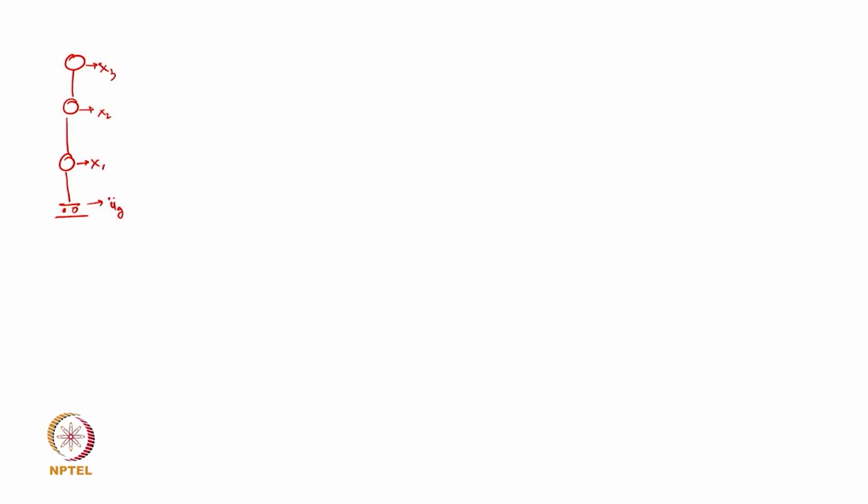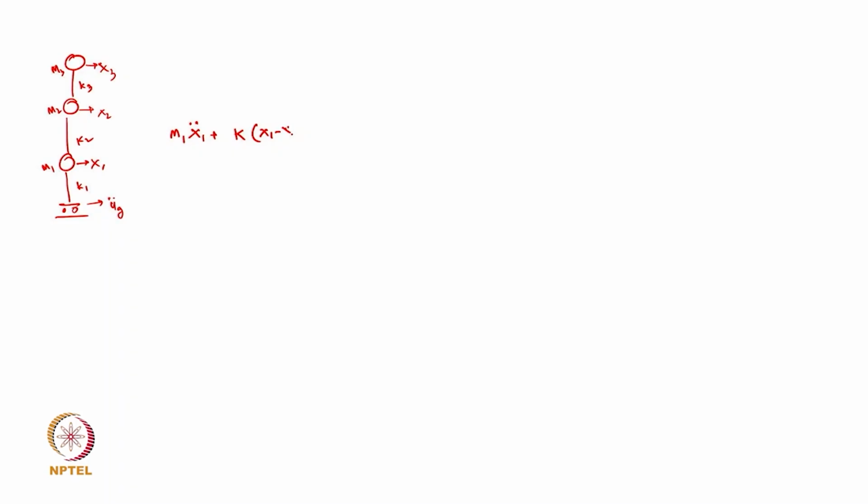So how should its equation be? The masses are m1, m2, m3, with springs k1, k2, k3. So m1 x1 double dot plus c1 x1 dot, or maybe I'm just leaving the c first. Just assume first we are doing it for the undamped case. Then we will see how the damping will come into the picture. Then the k into x1 minus, yeah, so if you see there are two coordinates possible.